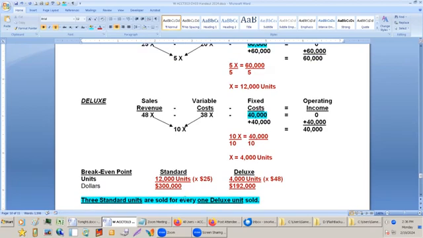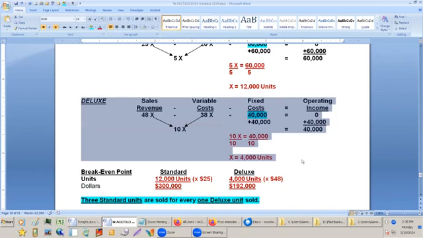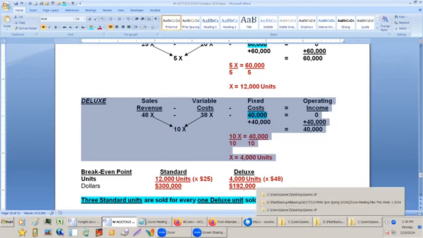Three standard units are sold for every one deluxe unit. So if we get 12,000 units for the standard and we didn't feel like doing that, what could we do to get the 4,000?